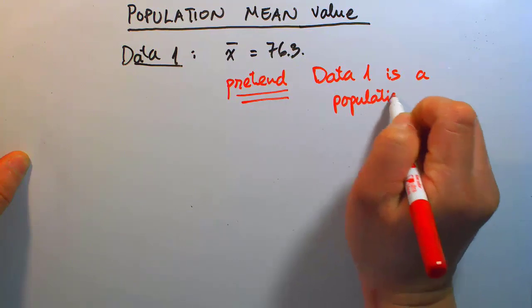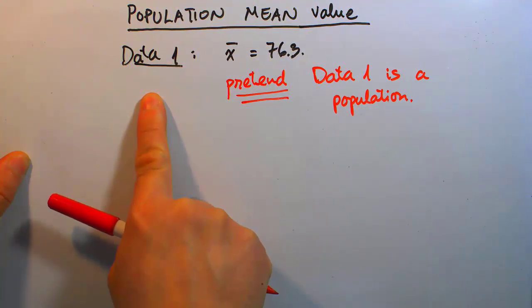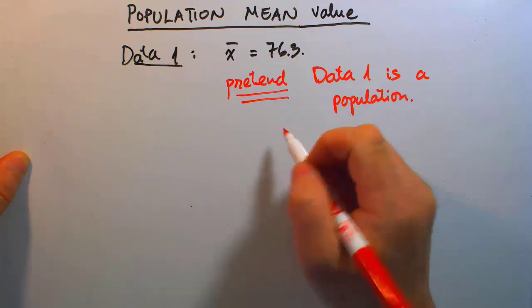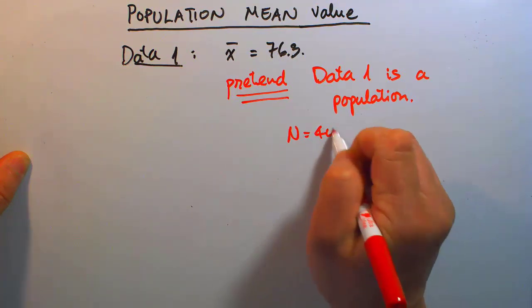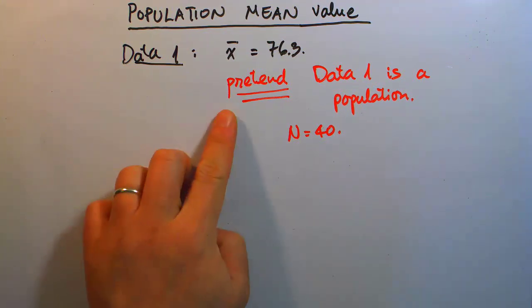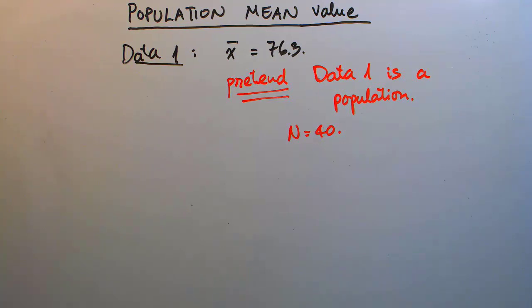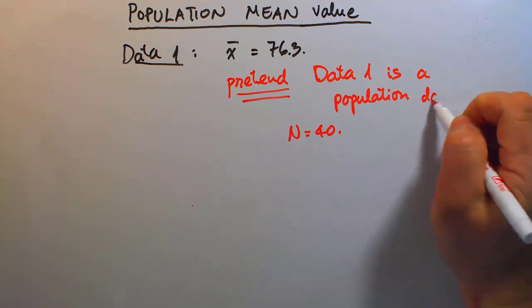Meaning, for some magical reason, we know that the entire population of female pulse rates out there has only 40 pieces of pulse rate. Even though it's not realistic for a population to be that small, let's pretend that data one itself is already population data.